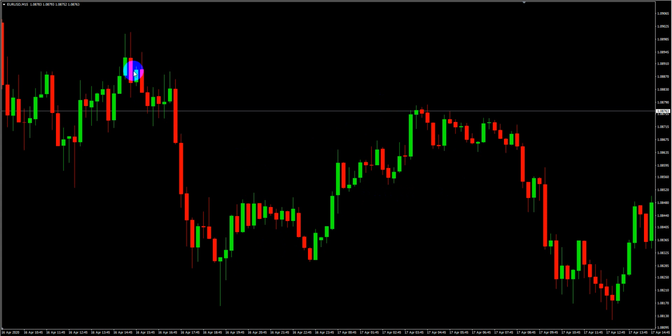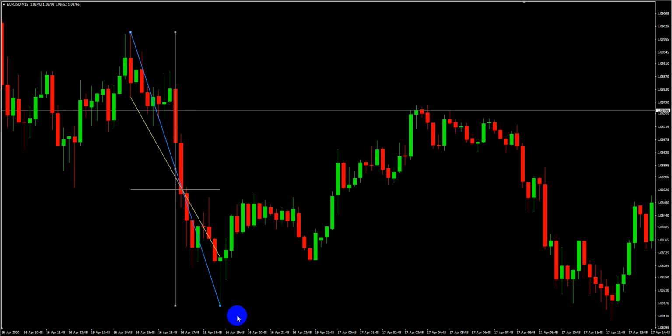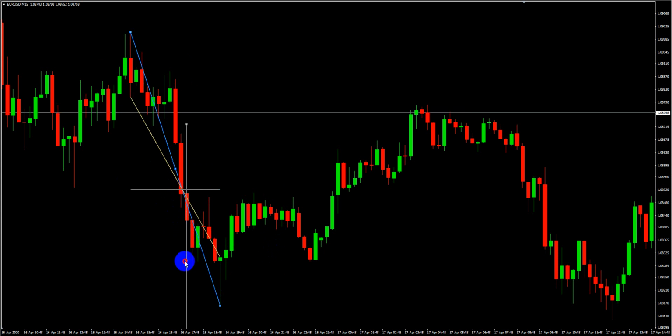So again, we work like this, right? We drag this one. It's best to drop it somewhere outside the range of a candle. It'll adjust itself to the high or to the low, depending on which direction we're plotting. Then we can take this line and put it somewhere near, or maybe like this, right?